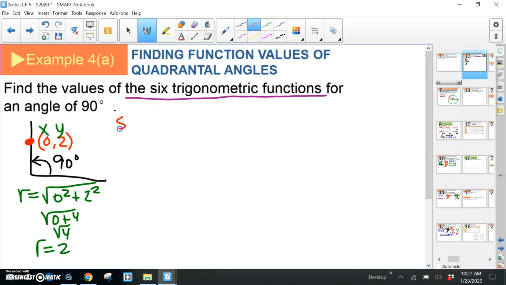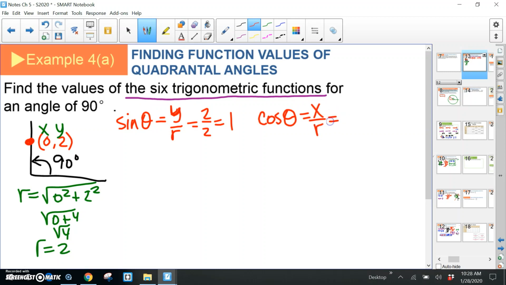So fine. Let's start with sine theta. Don't forget your theta. Remember, sine goes with y. So y over r is 2 over 2, which is 1, right? And if I'm going to do cosine theta, that goes with x.